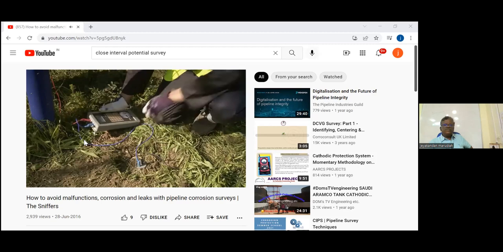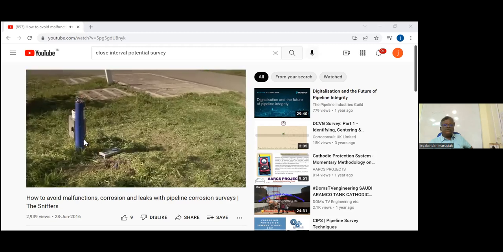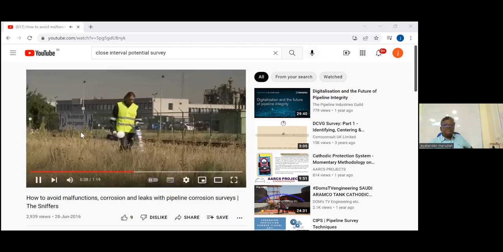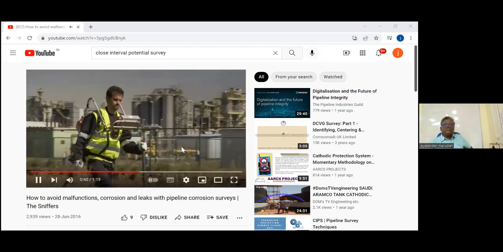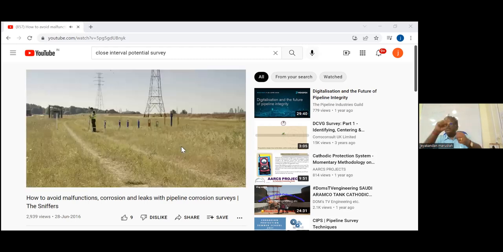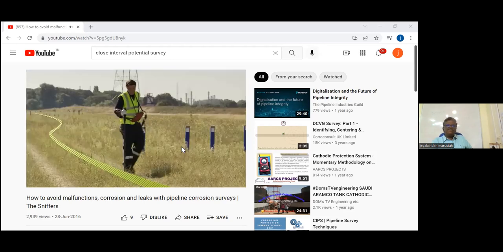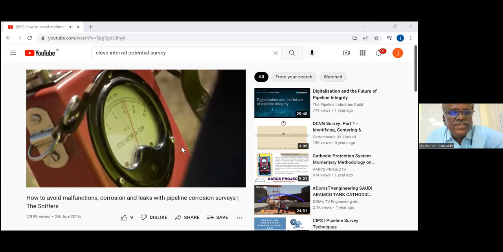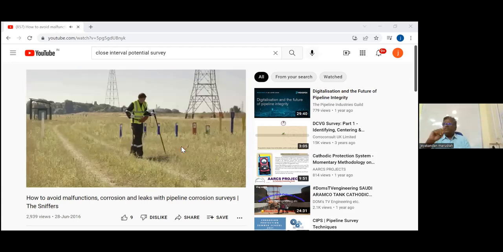There is a reference electrode. So this is the close interval. This is the close interval potential survey on the road. They will send the volt meter, they will hang the meter, so he is checking this. So they know how much they will make it null.